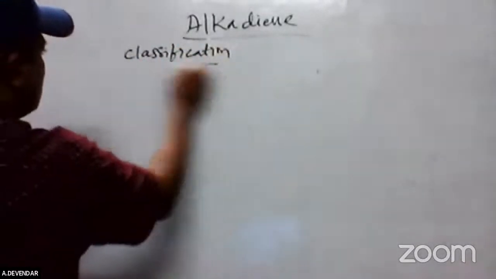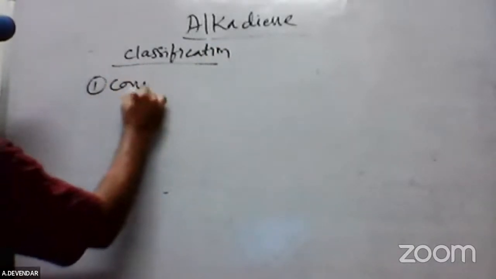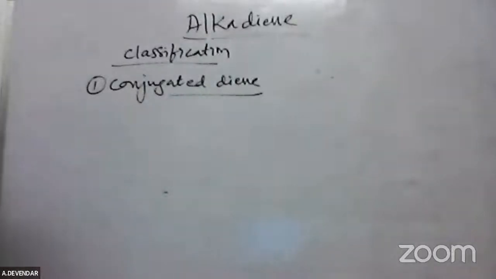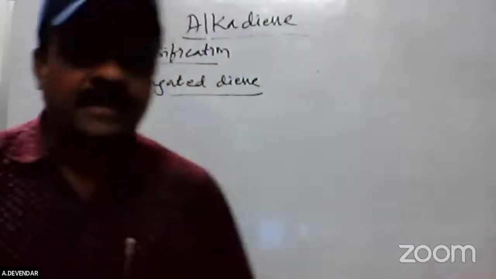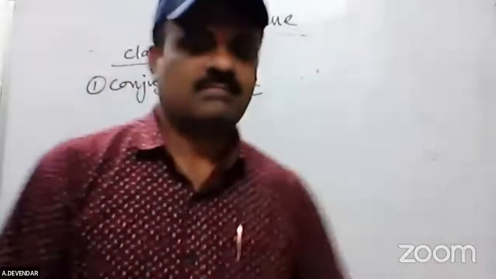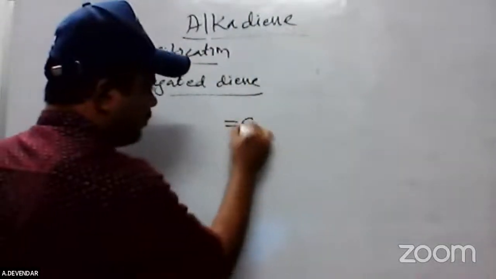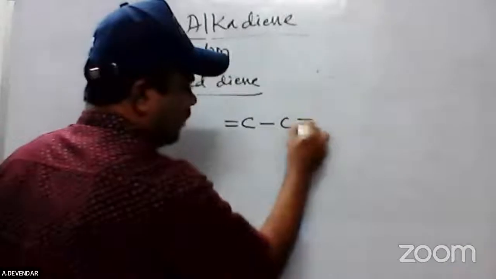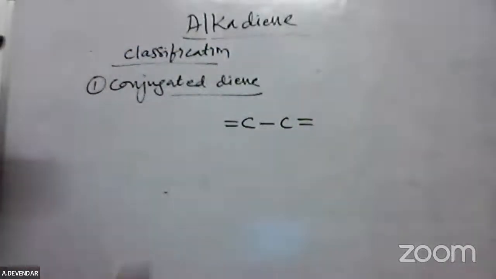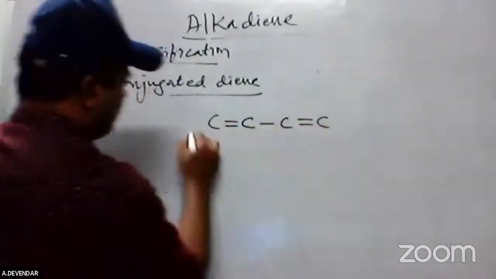The first classification is conjugated dienes. What do we mean by conjugated diene? The double bonds are separated by one single bond. This is the double bond, separated by one single bond. Now you can write the name.